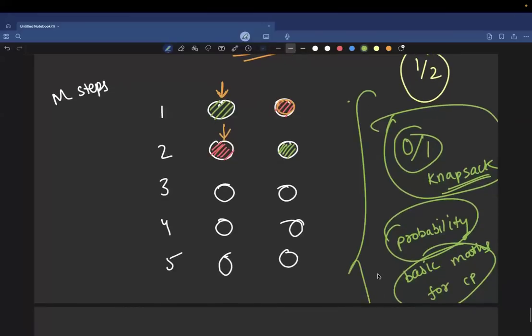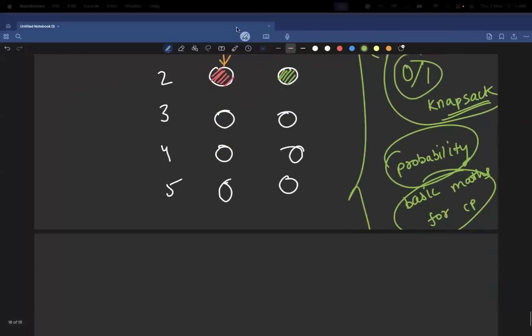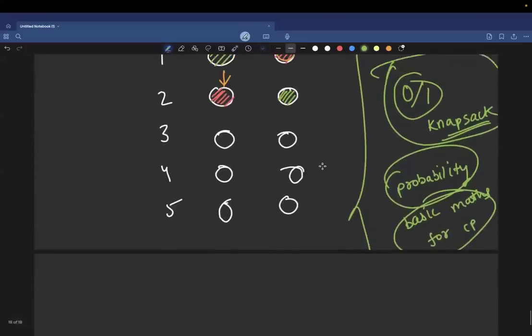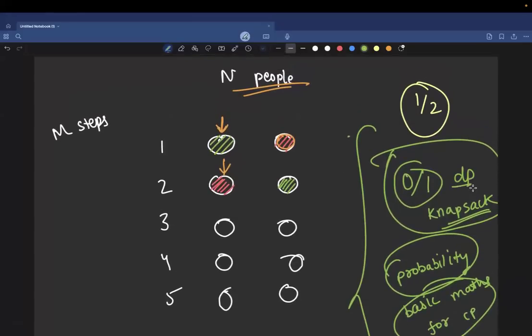If you are good to go with all these three prerequisites, then move on to the part of solving the problem. By the way, this is a DP problem.